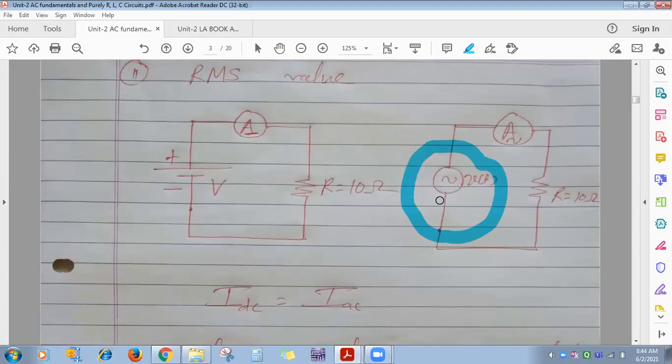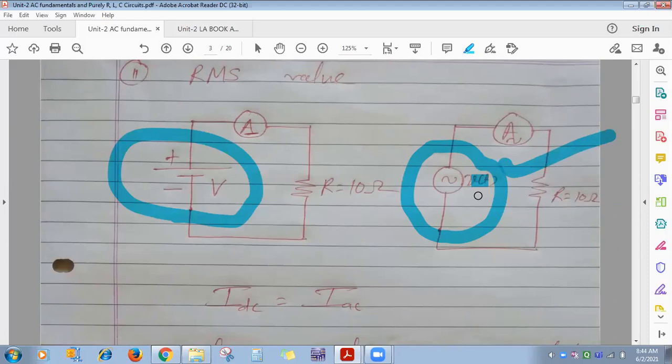For DC voltage we saw the symbol in the last unit; for AC voltage it is this one. Here I have written small v of t, which is equal to Vm sine omega t, called the instantaneous voltage equation.